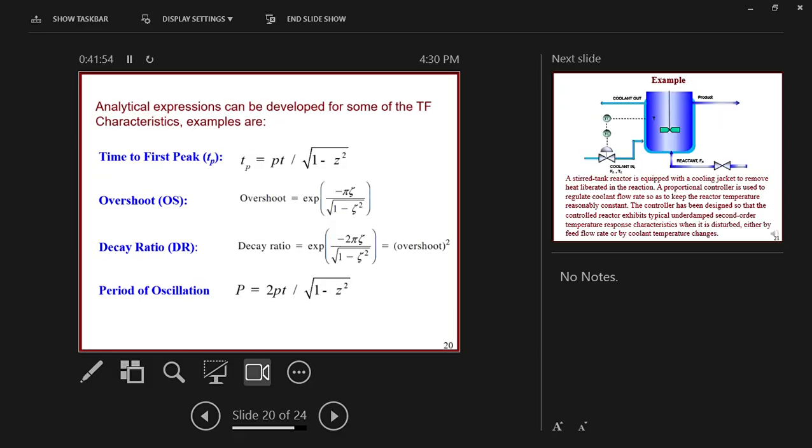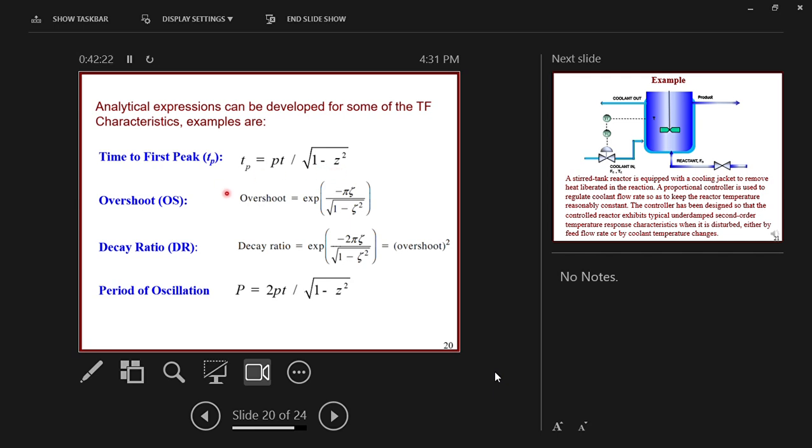To enable us do conversion and calculation of other characteristics from some of these, we have come up with relations or expressions for some of these characteristics. For example, the time for the first peak, Tp, is equal to pi tau divided by the square root of 1 minus zeta squared.